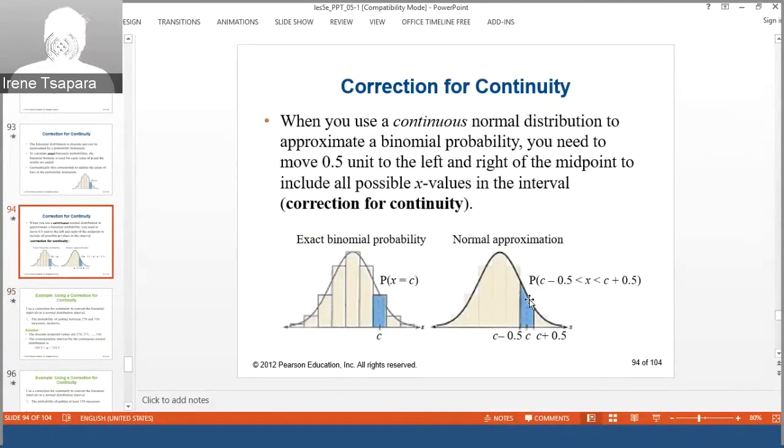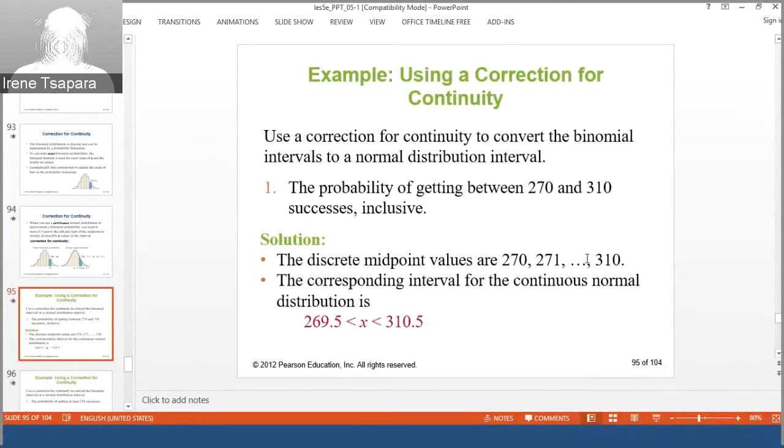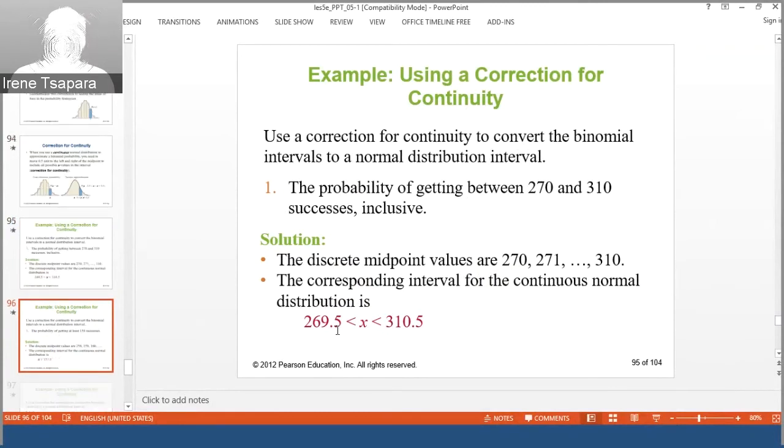And in order to smooth that out and correct it, I need to consider a small piece of interval to the left and another to the right in order to make the interval bigger to include the entire normal distribution interval.